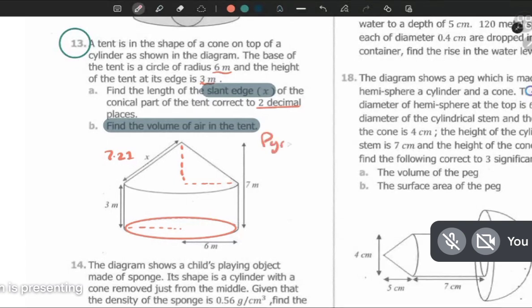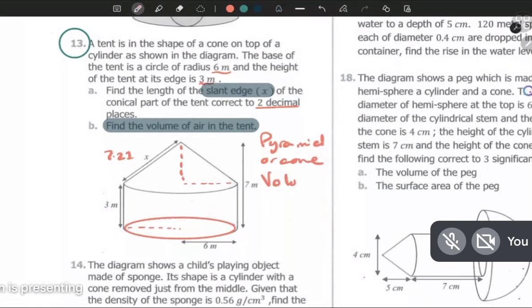For any pyramid or cone, the volume is 1 by 3 pi r square h. Pi r square is basically the area of a circle, which is the area of the base. So this is your volume for the cone.